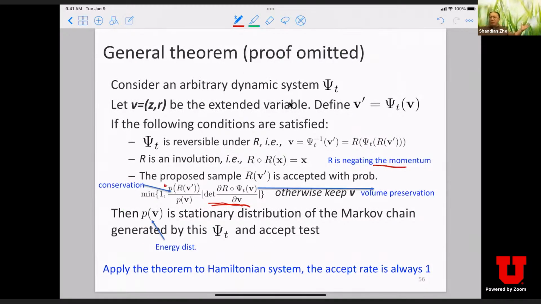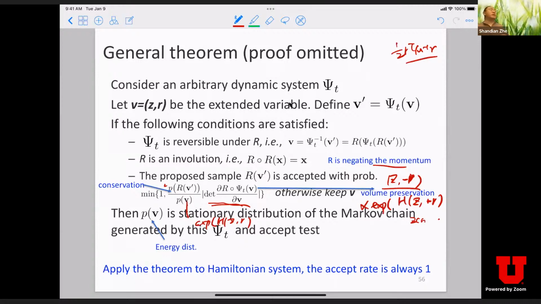And this term is just the joint probability of your state at your proposal RV prime, which is Z and negative R. This is proportional to the exponential of the energy. Because we use the quadratic form for the kinetic energy, negative R and R give the same kinetic energy, it doesn't change. And the other is just exponential of the energy H of Z and R, and this is of course Z_t and R_t.